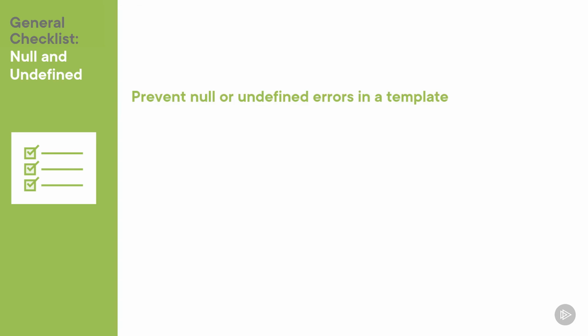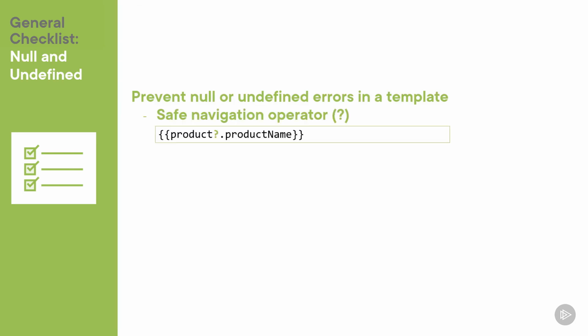To prevent null and undefined errors in our templates, use the safe navigation operator, denoted with a question mark. The safe navigation operator only navigates to the properties of an object if that object has a value and is not null or undefined. In this example, it won't access the product name unless the product property has a value.